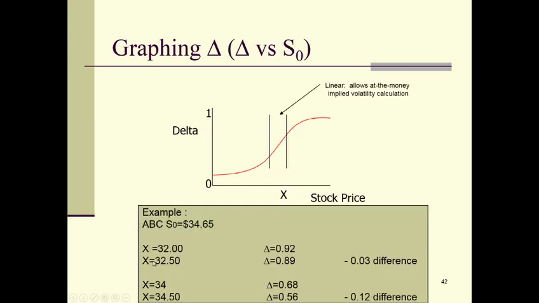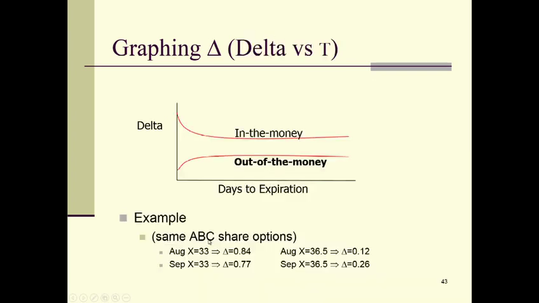So given the same stock price as before, 34.65, is this set in or out of the money? This one? Out of the money, right? Now, you find that for in the money options, as time increases to expiration, what happens to the delta?